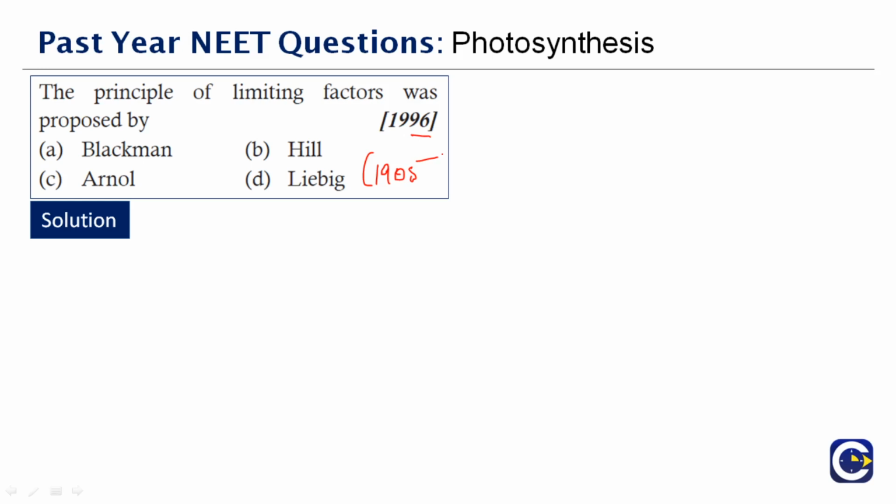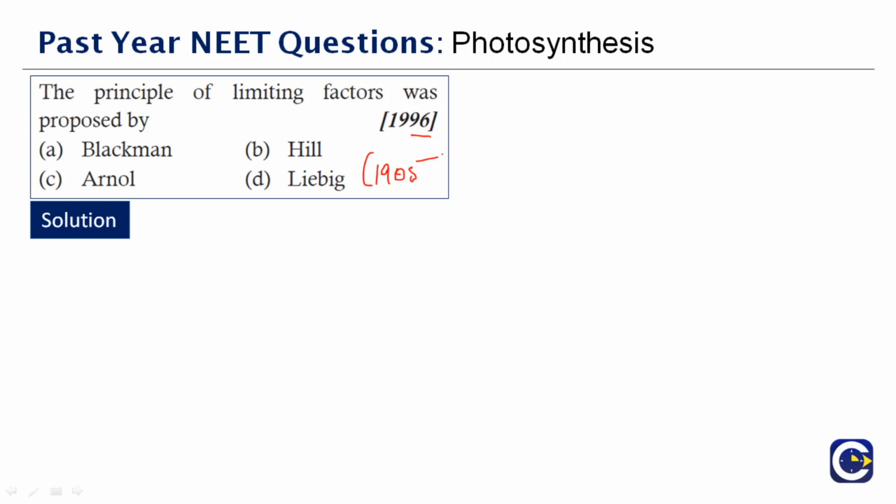Blackman was the one who explained the principle of limiting factors. Okay, he explained the law of limiting factors. His full name is Frederick Frost Blackman, and he was a British plant physiologist. He studied medicine at St Bartholomew's Hospital, and he graduated MA.